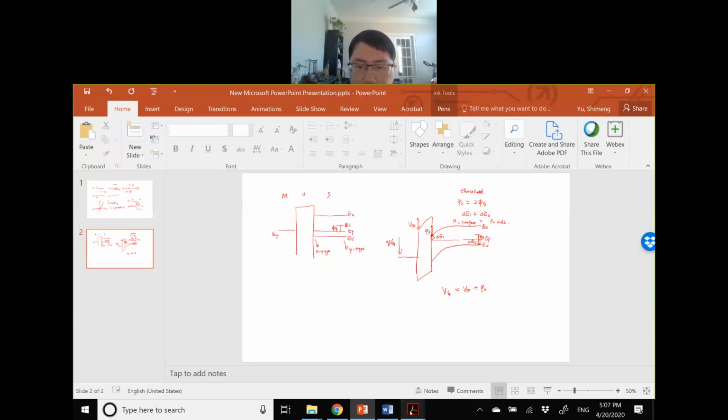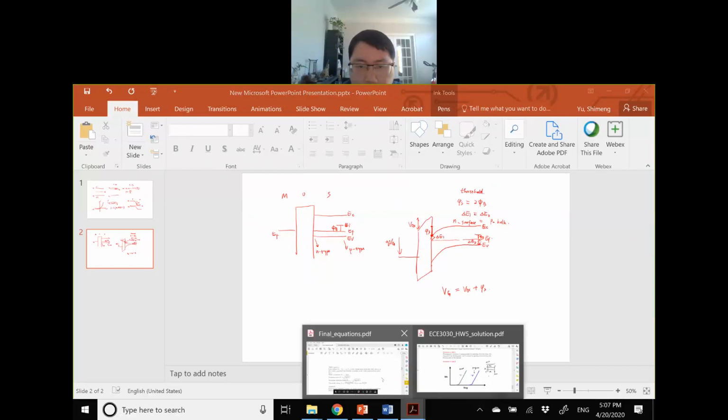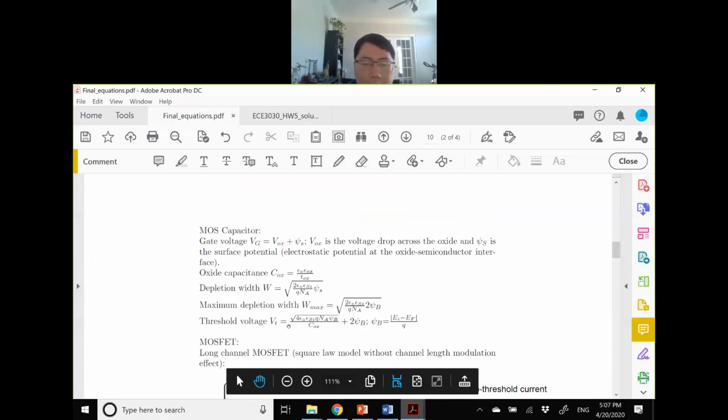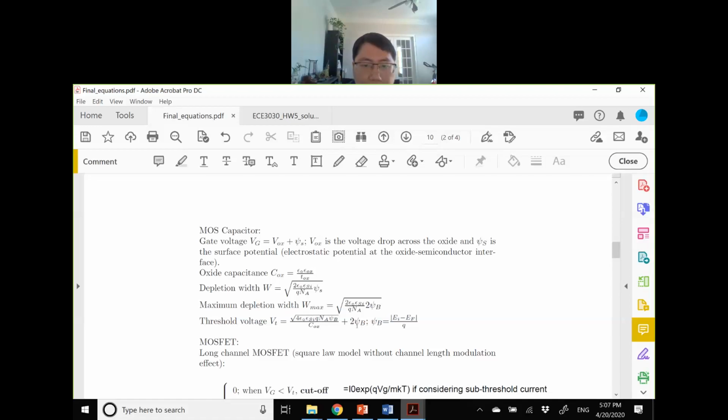And if you look at the threshold voltage equation here, the first term corresponds to V_ox, and the second term 2 phi_b corresponds to phi_s. And then you can use the parameters to calculate the threshold voltage, which depends on the dielectric constant, the doping density, phi_b, and C_ox, which is the gate oxide capacitance. So this is the MOS structure.